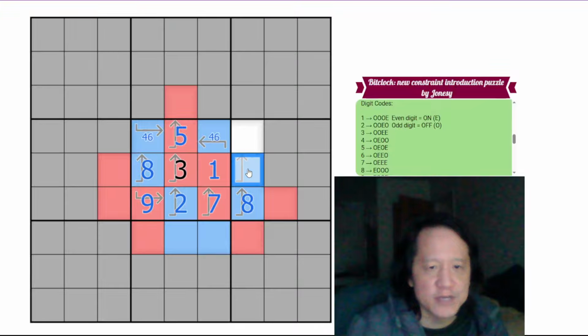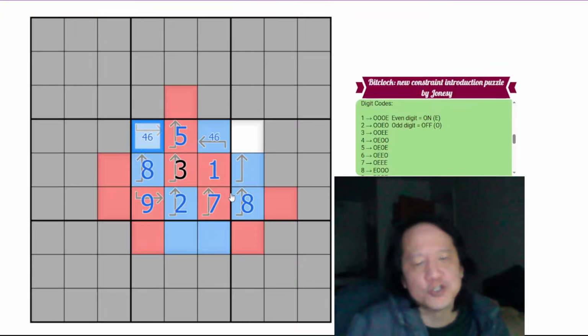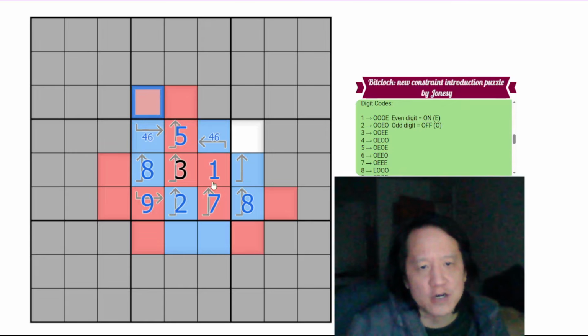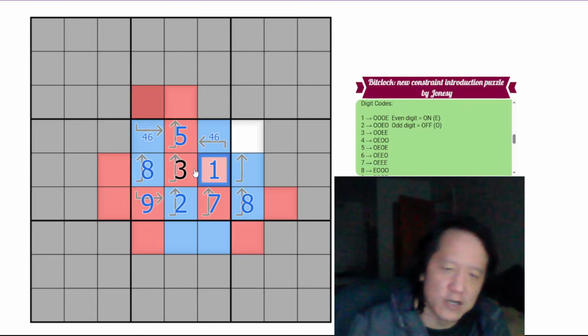So this is an even digit. This is 4 or 6. This is 4 or 6. That means these are both even digits, so the 1 bit has to be off, which is odd. And this is already odd.